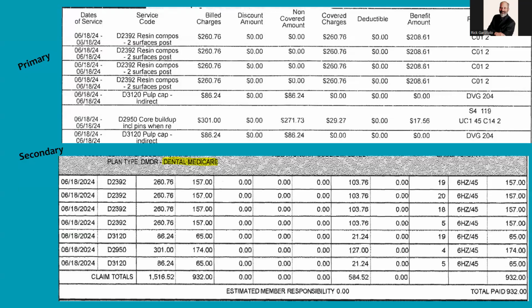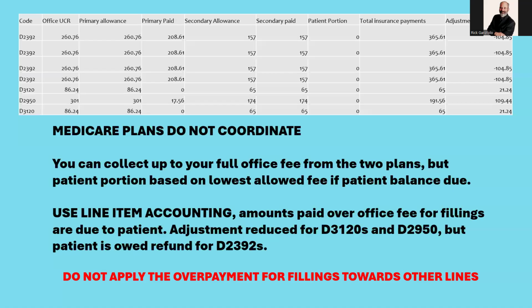Now, let's look at one that's even more fun, because now we're dealing with Medicare, who's not going to do any coordination of benefits. And we see this patient had a number of fillings, 2 pulp caps, and a buildup. So we see all of those here. But in an effort to be able to read it better, let's look at the secondary calculator.